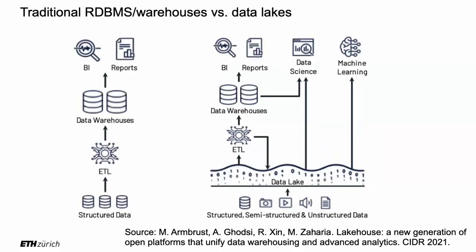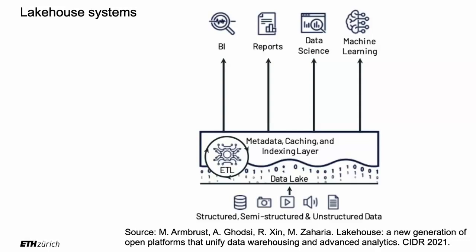And there was an article in 2021 by the Databricks people, the ones who are behind Spark, who called that the data lake house. So a warehouse is for the data cubes and the highly structured data. A lake house is this idea of combining everything.